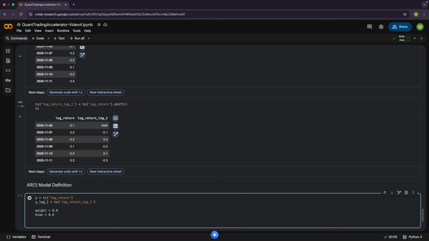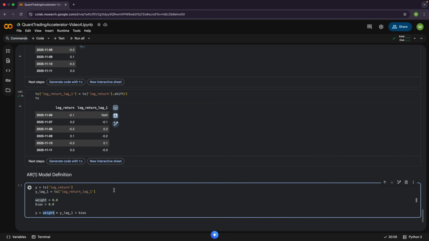So this model only has 2 parameters, and we're saying that we model the relationship between Y and Y lag 1 as the following: the weight multiplied by Y lag 1, that's the previous value, plus a bias. The bias is going to shift the value by a certain amount. Imagine if the weight is 0 here, then Y is just going to be the bias. So that's the model definition.